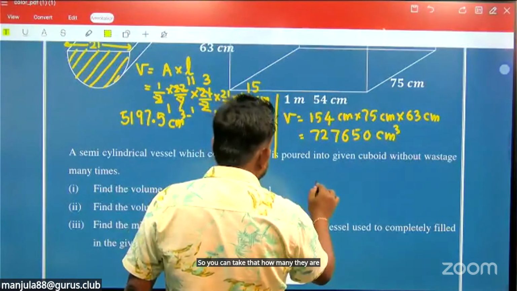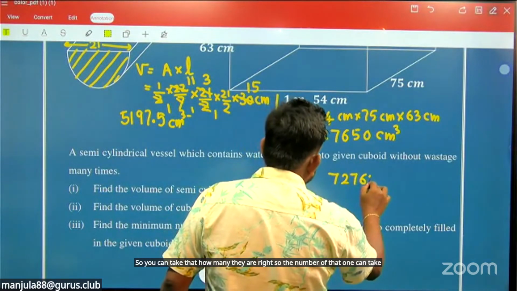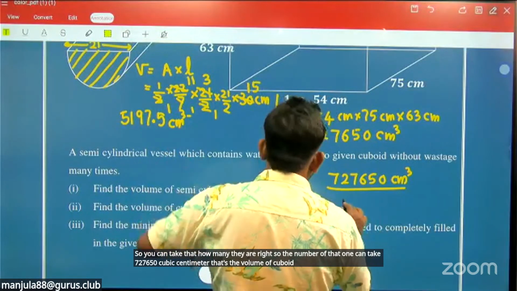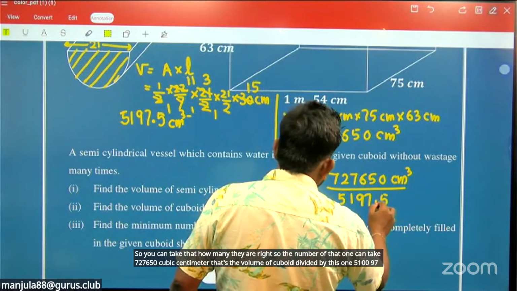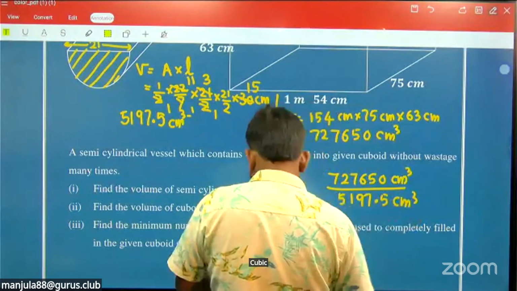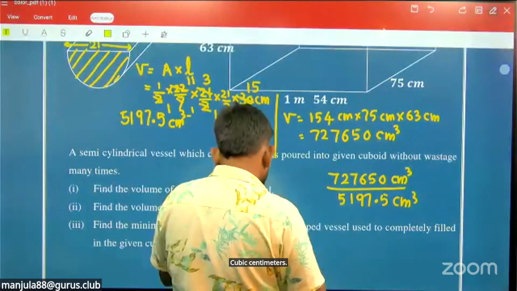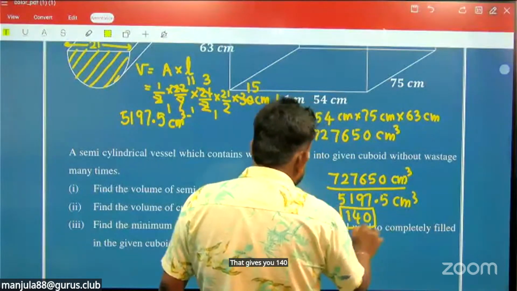The number is 727,650 cubic centimeters, that's the volume of the cuboid, divided by this one, 5,197.5 cubic centimeters. That gives you 140. I assume that my answer is correct.